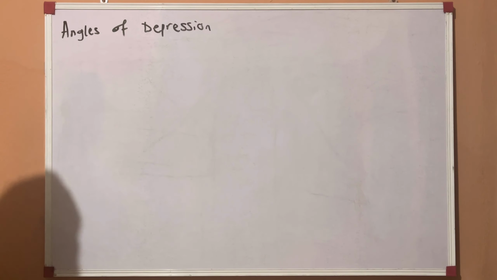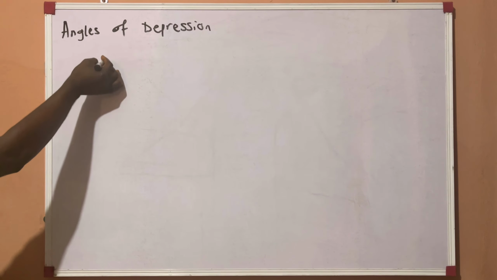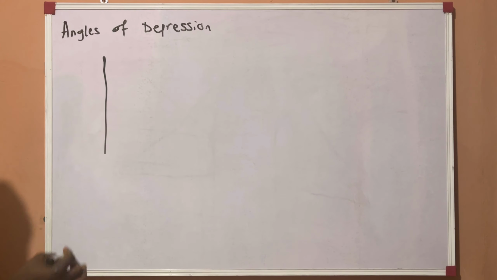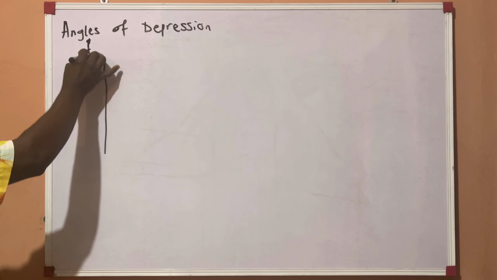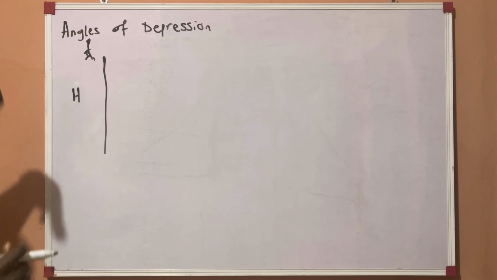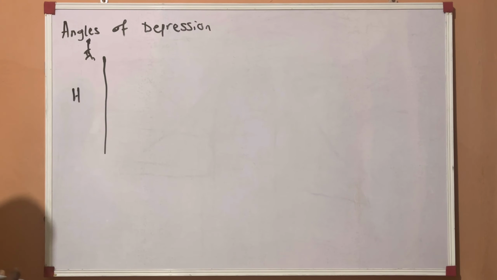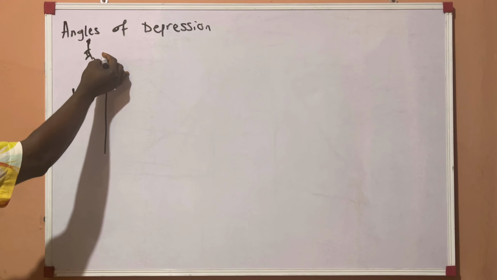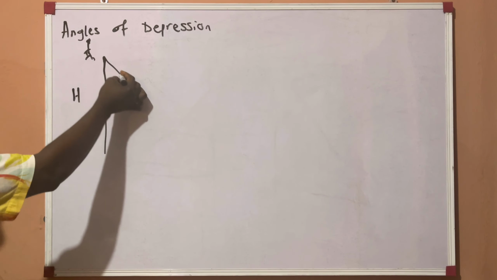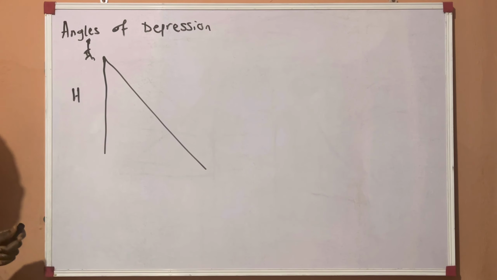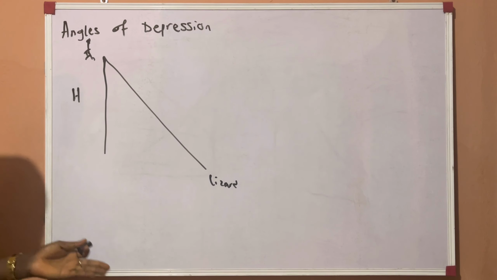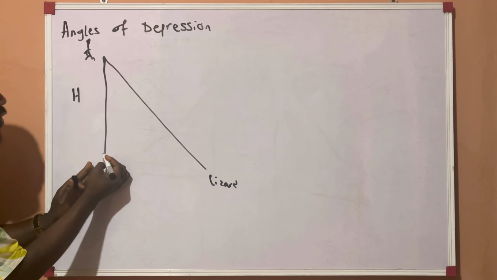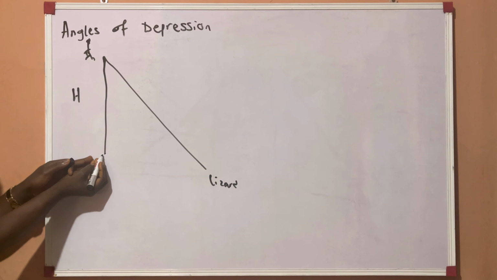Now, let us assume that this is the height of a pole, H, the height of the pole, and this is an observer on top of the pole, and the observer tries to observe, let's say, a lizard at the ground level, on the same horizontal level with the foot of the pole.